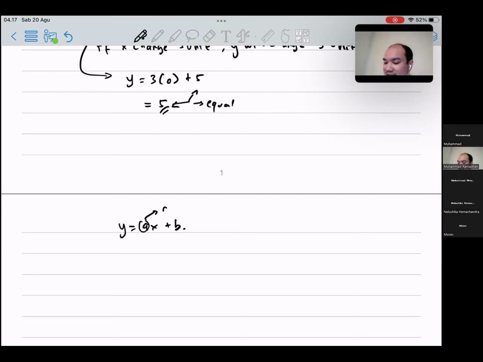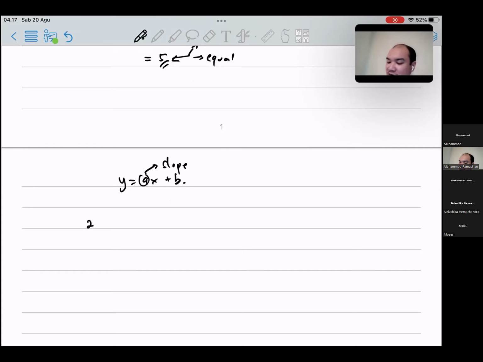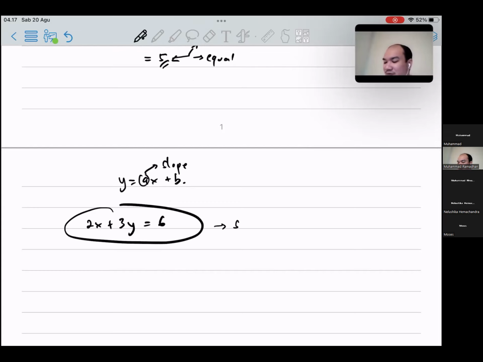So a is the slope. For example, if you have 2x plus 3y equal to 6, you don't know how much the slope is.